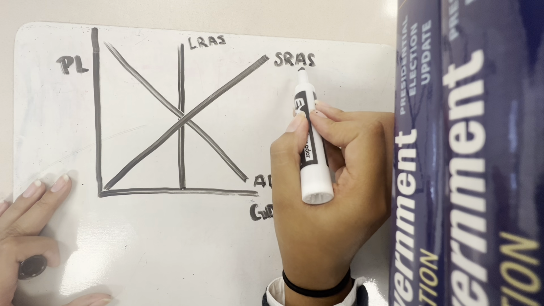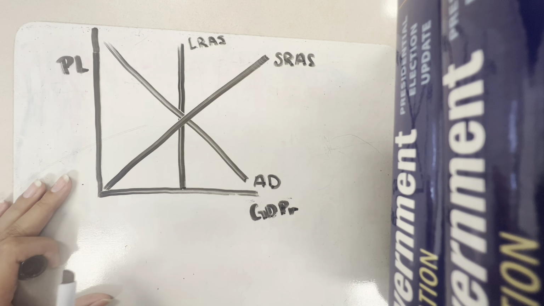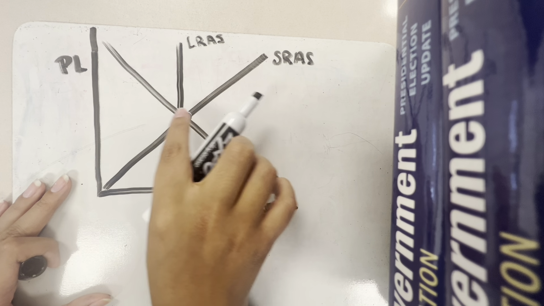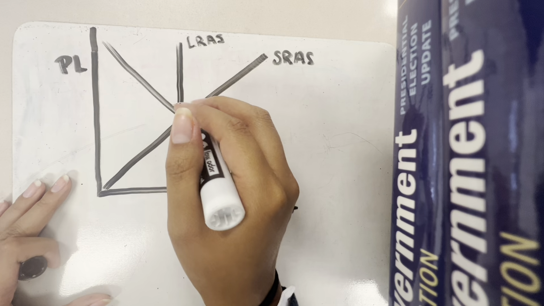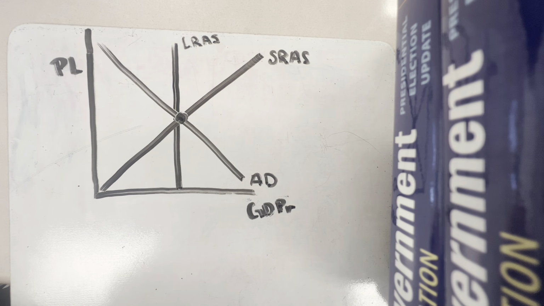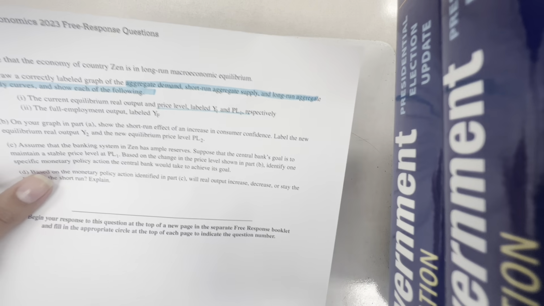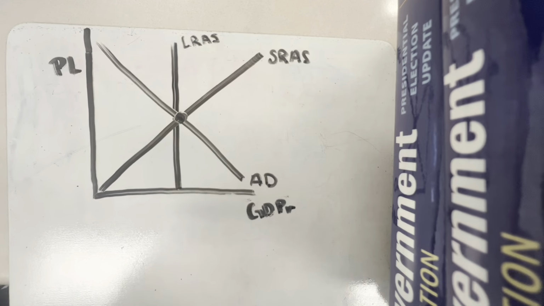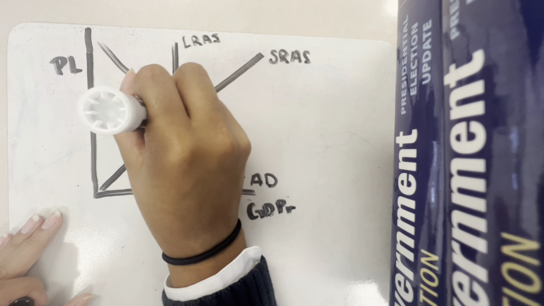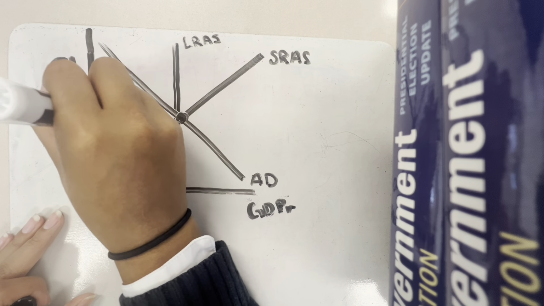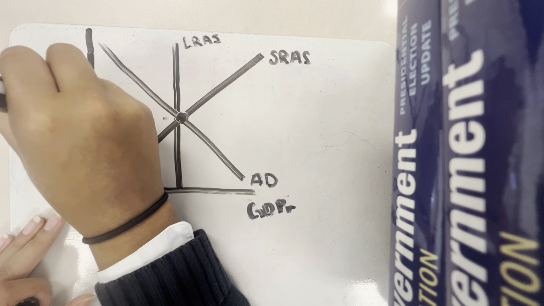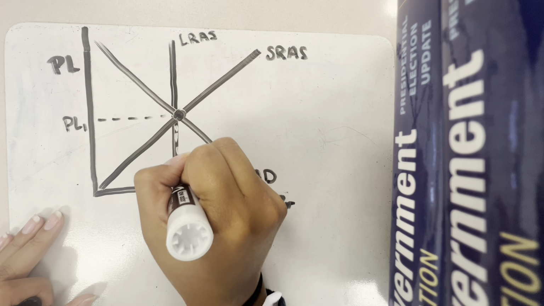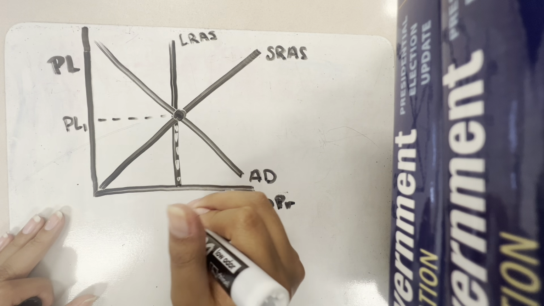Next, we will label our equilibrium, and mine isn't completely in the middle, but we're going to pretend it's in the middle. So we're going to label that Y1 because that is our real output of price level and real GDP, and that's labeled PL1, and then the bottom is going to be labeled Y1.